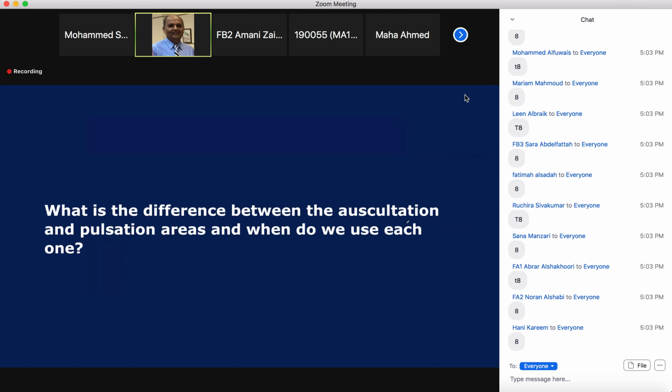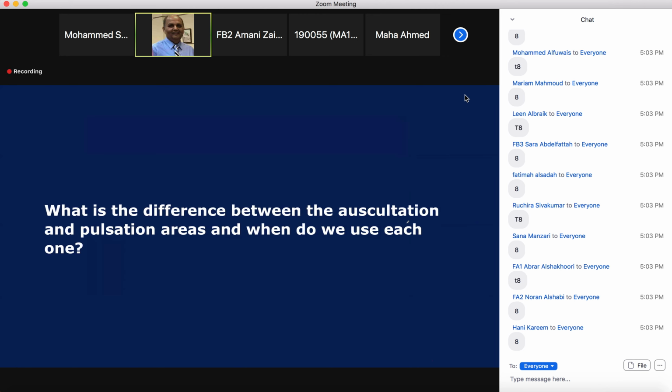Let's go further. Someone, now I have to listen to his heart because he has some problems. So I should know where the heart lives. Can I do it like this? Am I allowed to do this? Do you agree? So let's make it a little complicated. So surface marking, look at it. These are the borders of the heart, and these are the locations of the valves.